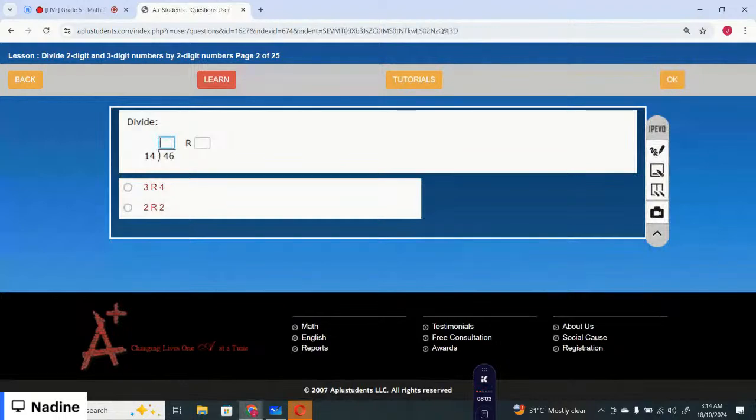46 divided by 14, which is the correct option?